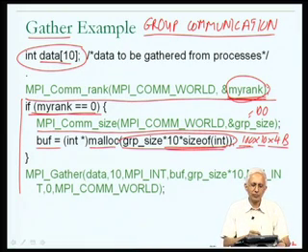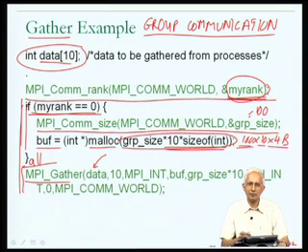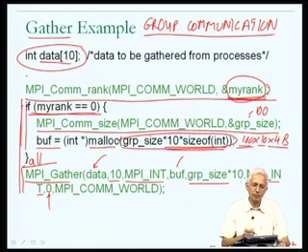Once the buffer has been allocated, the root process along with all the other processes, so note that what follows is going to be executed by all the processes in the parallel program, all of them execute MPI gather, in which they specify that the data in their local variable called data, which includes 10 integers, is supposed to be gathered into a buffer whose size is group size multiplied by 10 integers, which is present in the process with rank 0 of the MPI communicator world.